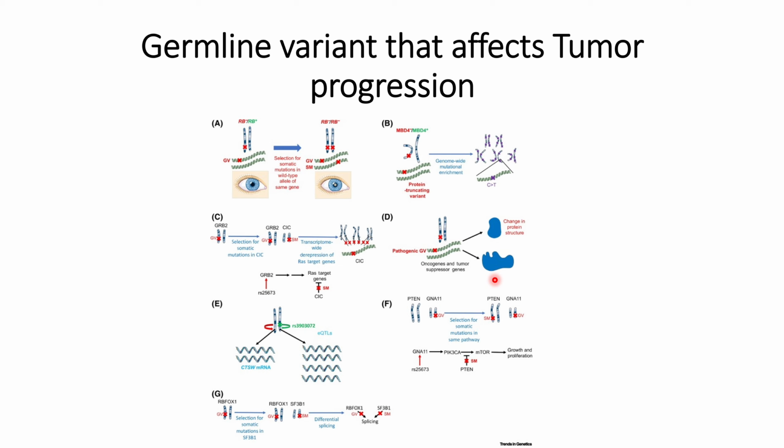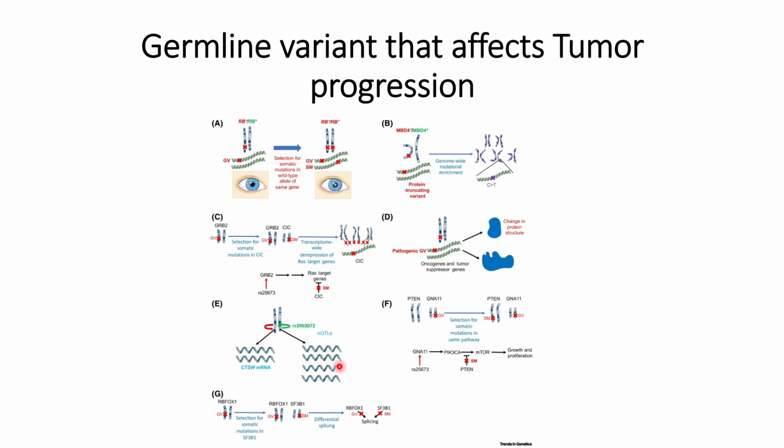This will also promote tumor progression, as there will be no competitive proteins trying to reduce tumor progression, since those proteins become less functional with time because of the germline variant.